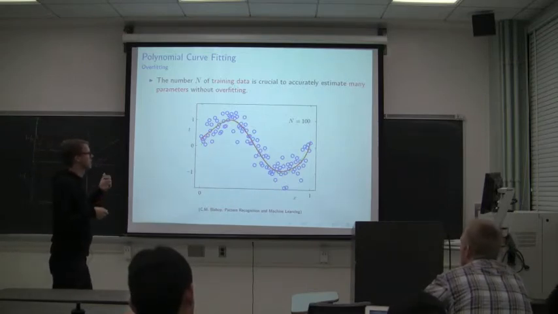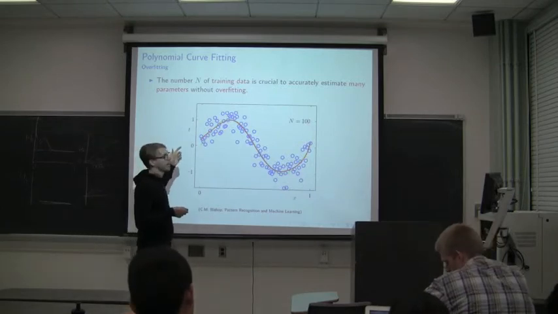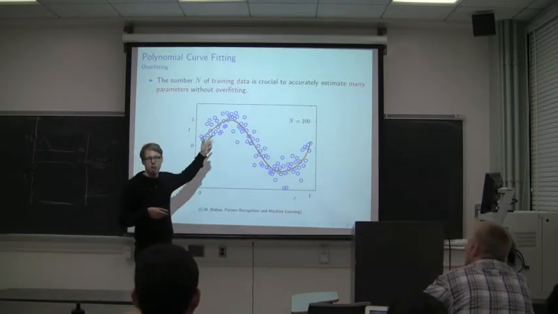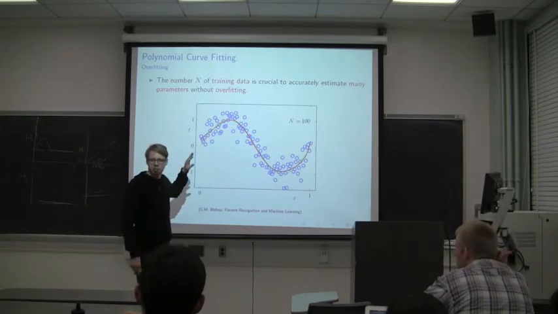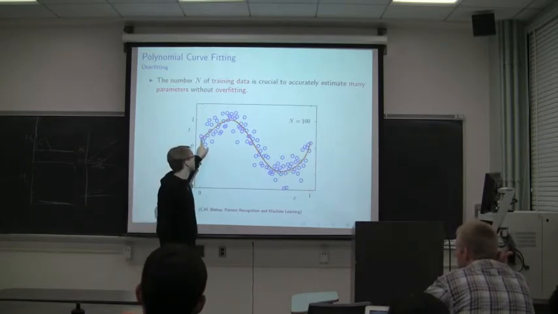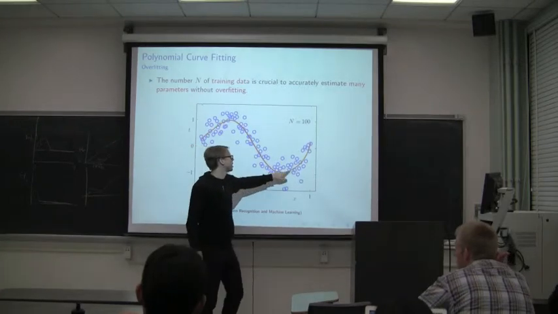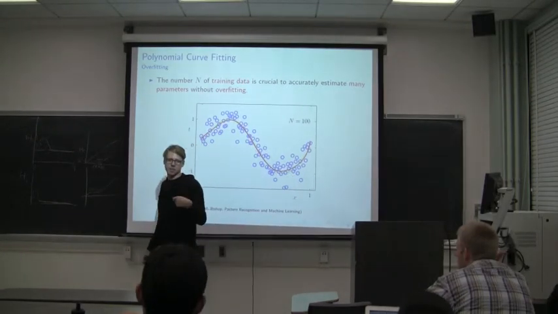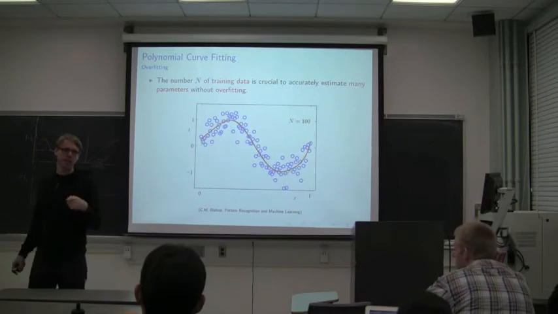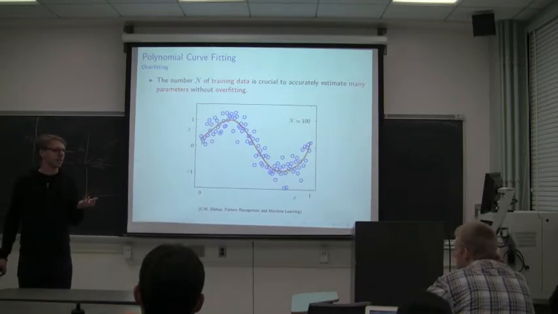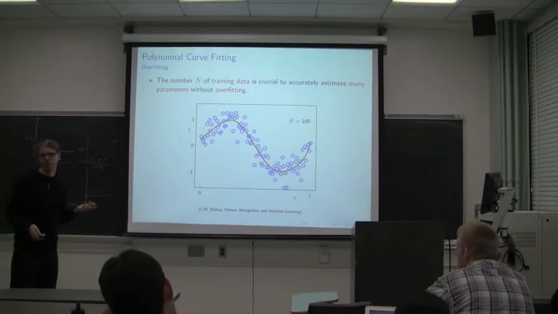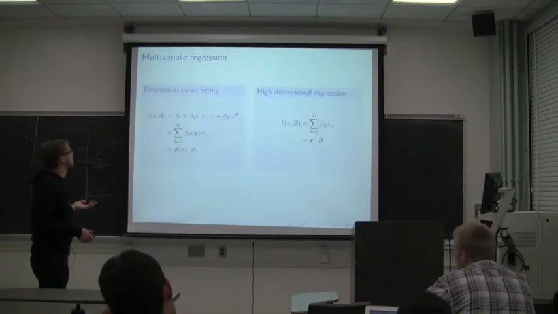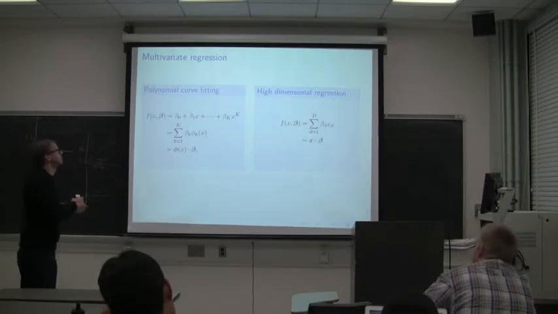The other observation is that the 3rd order polynomial, which probably got the best fit for 10 data points, would have done worse here. The 9th order model has a lot of free parameters that we can adjust to the data, and it gets a much better, much more realistic fit of the true function than the 3rd order polynomial would have done.